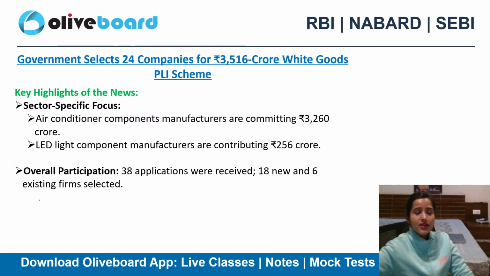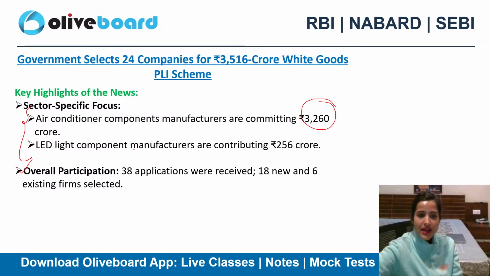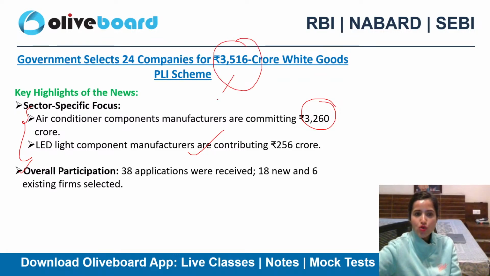Right. Sector specific focus. What is another highlight? That they are specifying a few sectors. So, what are the sectors? Air conditioner component manufacturers are committing 3260 crore. LED light component manufacturers are contributing 256 crore. Out of this total amount, there are two sectors which are the focus. One is the air conditioner component sector, and the other is your LED light component sector.